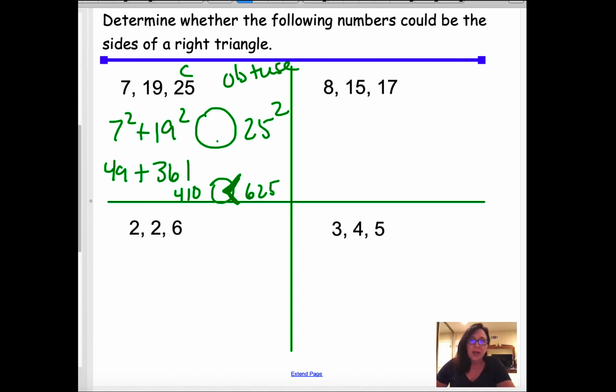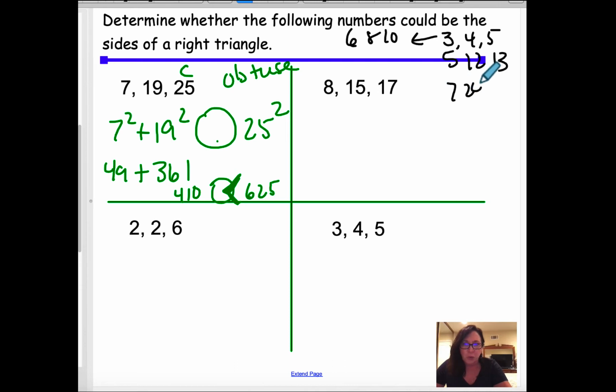Okay. So this is saying, could this be the sides of a triangle? So this one right here sure looks like a Pythagorean triplet. Remember the triplets? That would be 3, 4, and 5. And then most people see this 6, 8, 10 a lot, but that's just a multiple of the 3, 4, 5. The next triplet would be 5, 12, 13.